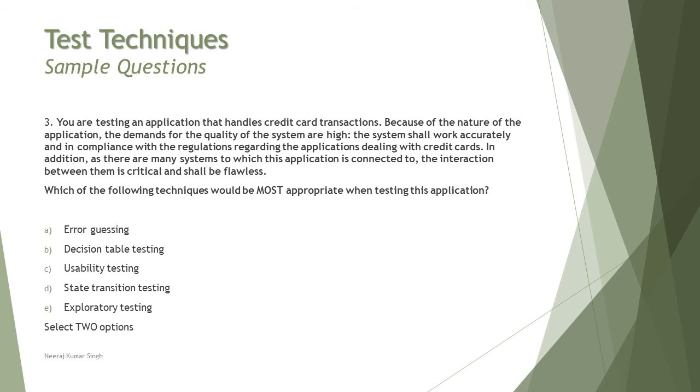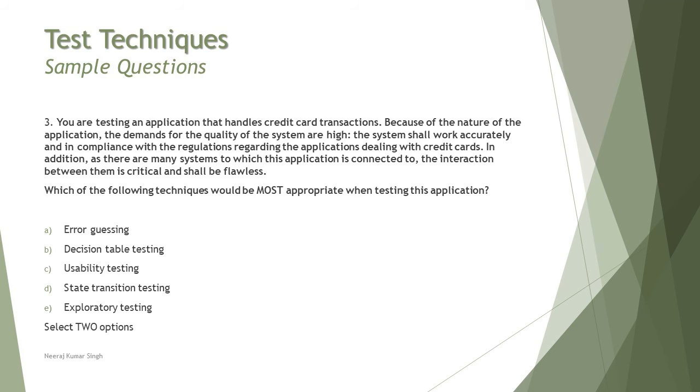Now this is a different type of question where you can be given a real-time scenario, and you will be asked what techniques will be the most applicable. So this can be related to any of the techniques, not only limited to experience-based or specification, it can be overall. So in this case, first of all, it's about credit card.